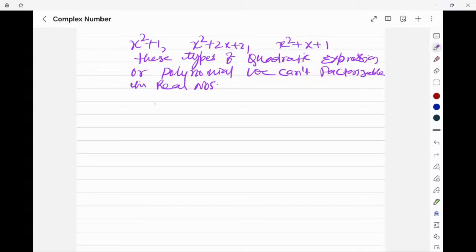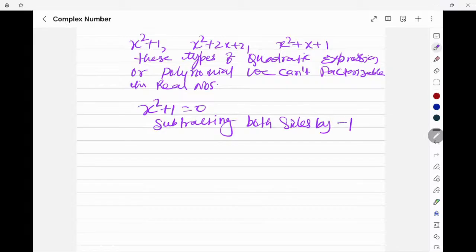The explanation is: x square plus 1 is equal to 0. This implies, subtracting 1 from both sides, x square plus 1 minus 1 is equal to 0 minus 1.